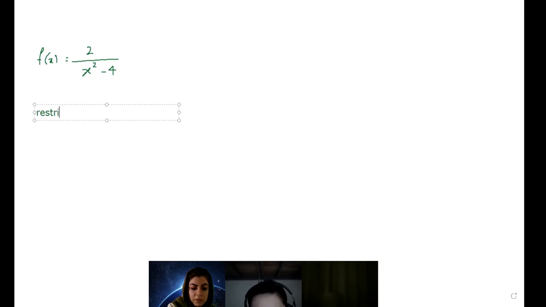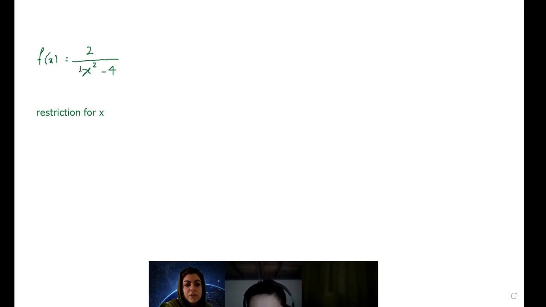Okay, the question is f of x equals 2 over x power 2 minus 4. First thing I want to do is find the restrictions for x.